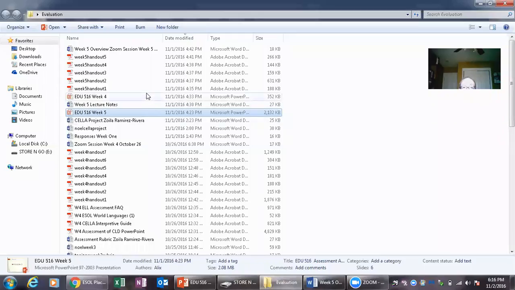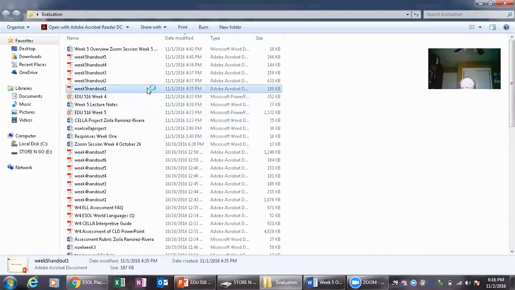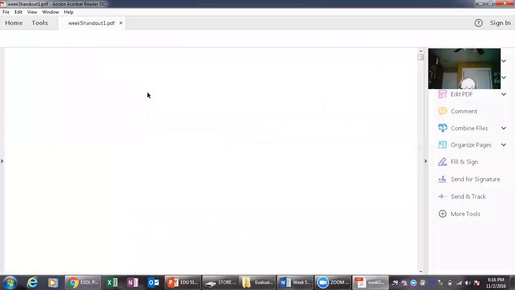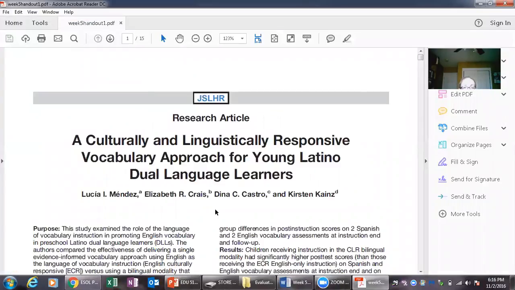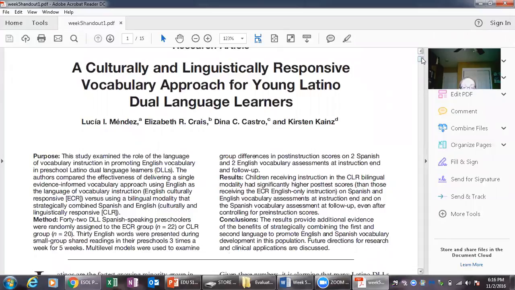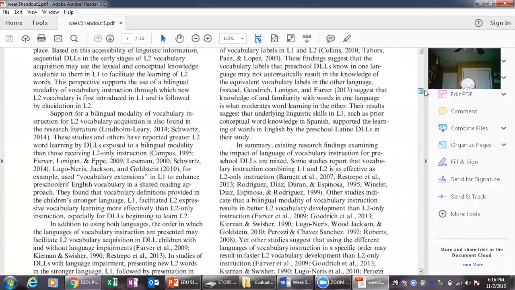We're going to go over handouts that I will also put up on our classroom. The first is a research article that talks about a culturally and linguistically responsive vocabulary approach for young Latino dual language learners. As you go through there, you'll see the instructions, the difference between language 1 and language 2.